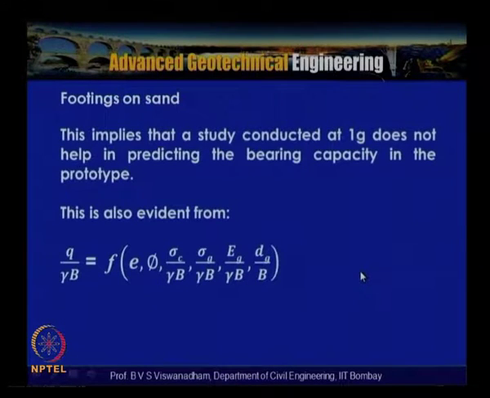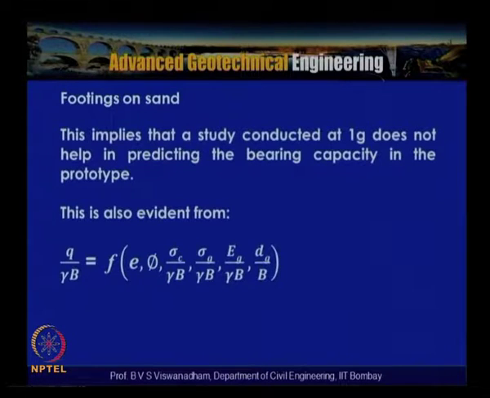So this implies that a study conducted at 1g does not help in predicting the bearing capacity in the prototype, because the smaller the footing, the less is the ultimate bearing capacity. So when B is reduced by 1 by n times, B becomes small, so the bearing capacity also will be small. So this is also evident.